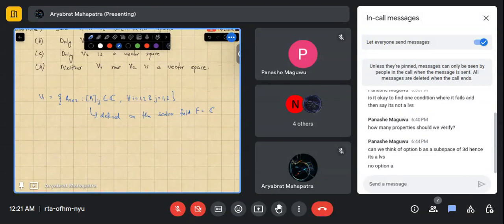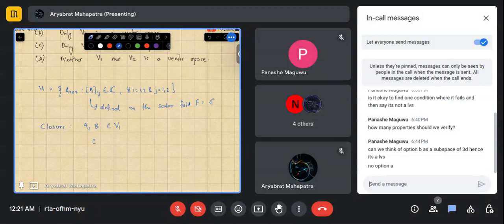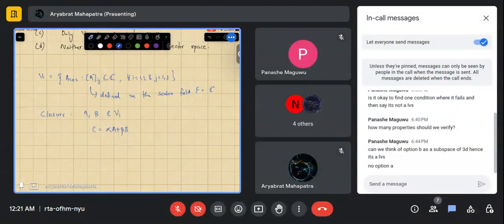So to prove the closure condition, again you can say there are two vectors A and B in V1, where you take a linear combination of A and B to be some other vector C, and this alpha, beta belong to the complex field.